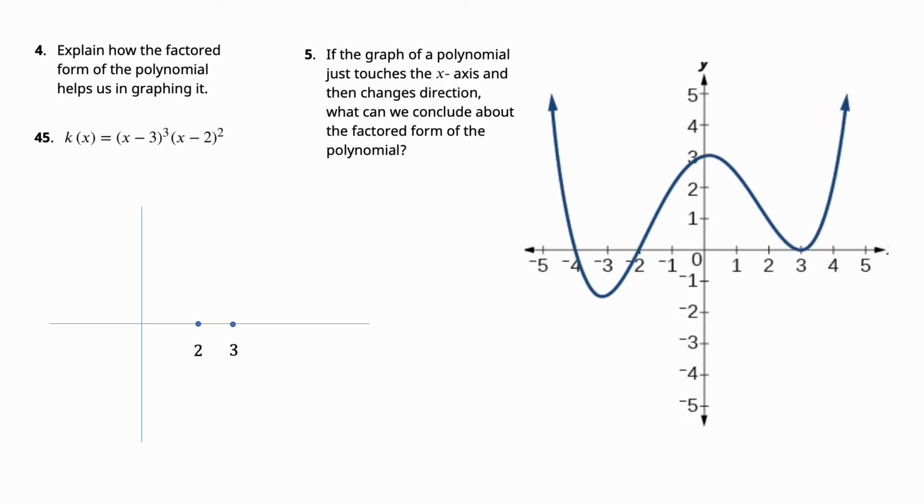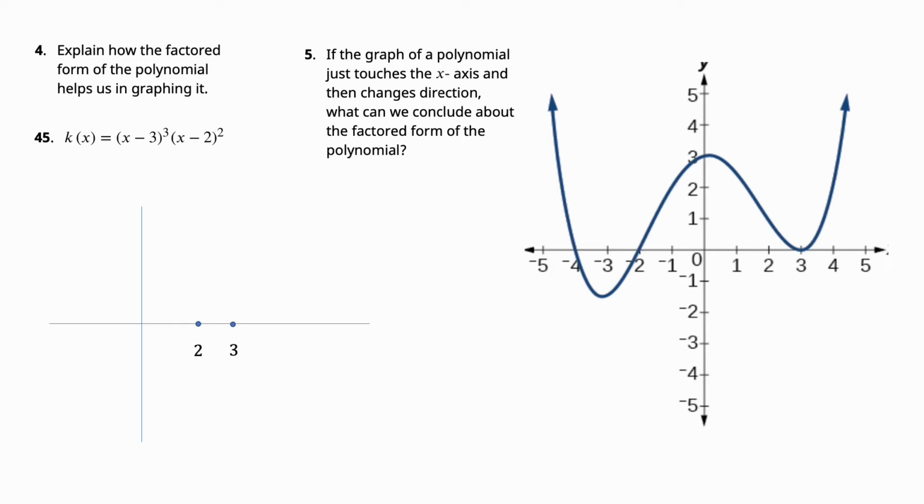Explain how the factored form of the polynomial helps when graphing. Well, okay, so we've kind of talked about this a bit already, right? We know that if I have x minus 3, I can pick out that this has zeros at 2 and 3. I can see that the degree is odd, 3 plus 2.